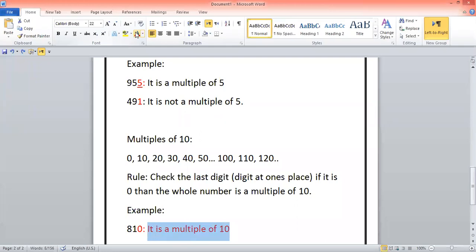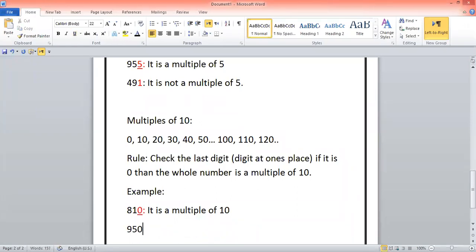One more example: 950. In 950, the last digit is also 0, so it is a multiple of 10, because the last digit is 0.